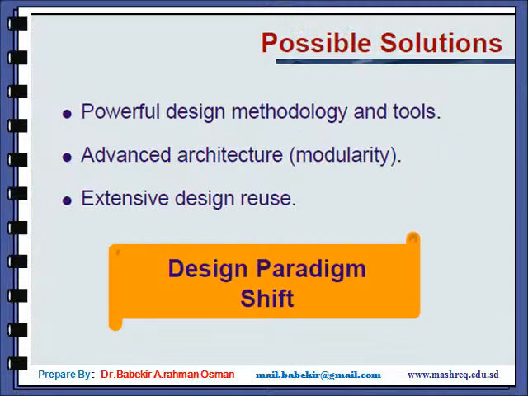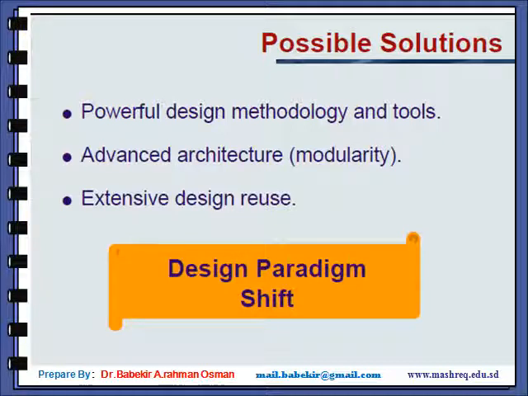Now let us end the lecture with the possible solutions for microelectronics technology. The first point is powerful design methodology and tools: the selection of good methodologies and the best tools results in a powerful design. Also, another point is advanced architectures and modularity.